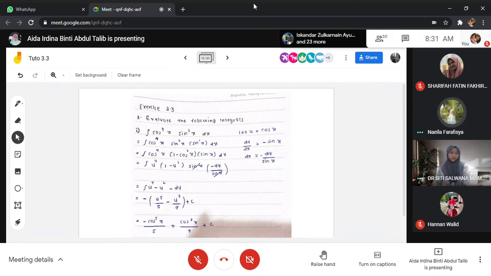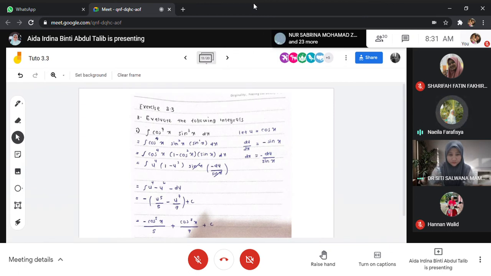Lepas tu kita darabkan u kuasa 4 tu dengan 1 dengan negatif u kuasa 2. Lepas tu yang negatif dekat u tu kita bawa ke depan.